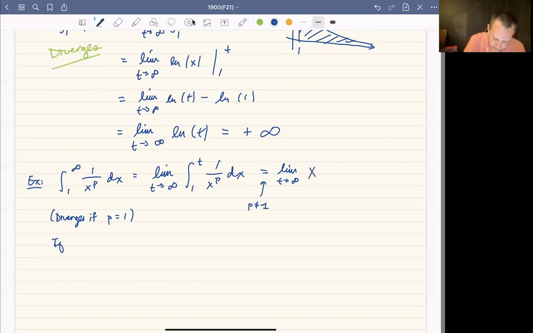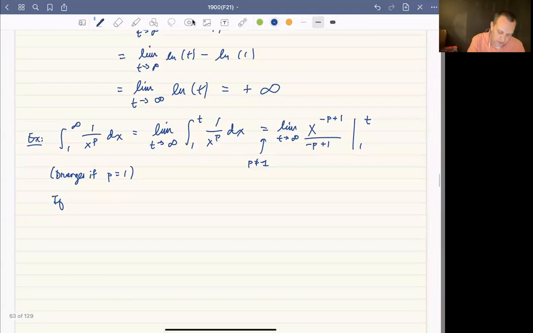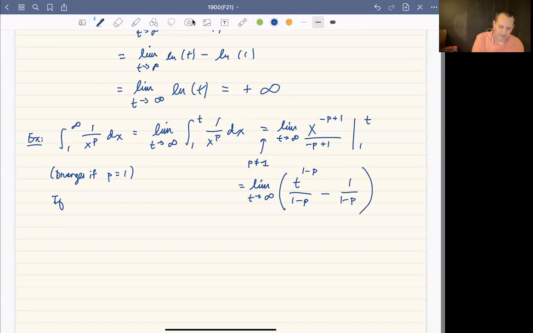So it'll be x to the negative p plus 1 divided by negative p plus 1. And we're going to evaluate this from 1 to t. And so this is going to be the limit as t goes to infinity of t to the 1 minus p over 1 minus p minus 1 over 1 minus p. Okay, this is some finite number. When p is not equal to 1, this is just some number.